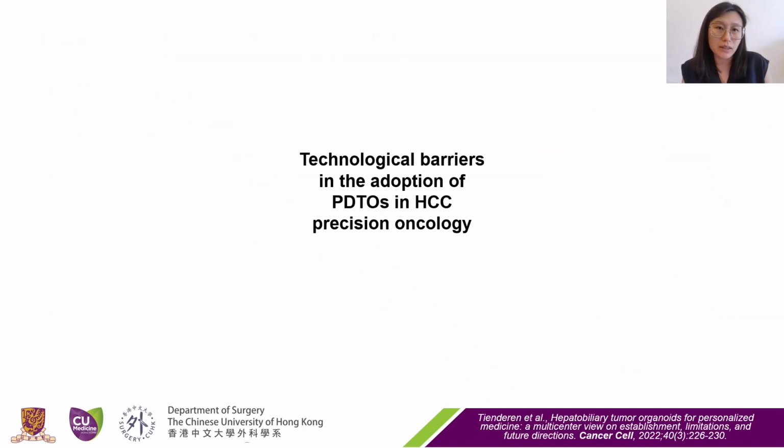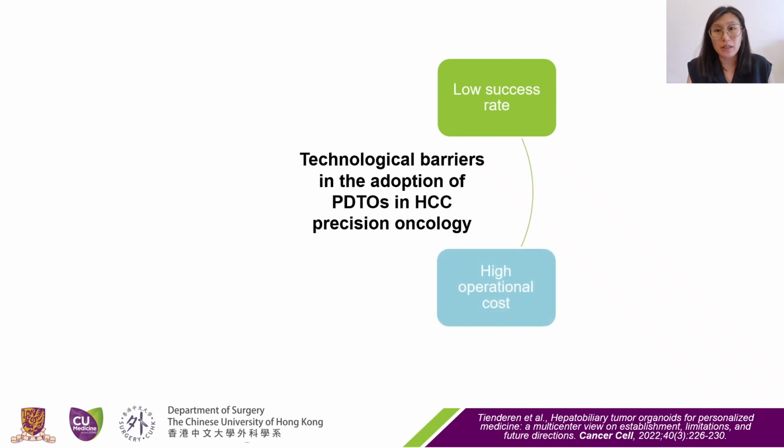Among the technological barriers in the adoption of these patient-derived tumor organoids in precision oncology, particularly for liver cancer, is the low success rate. Compared to other cancer types, it's maybe only about 20%. There's also the high operational cost: not only is it labor intensive, but the cost of growth factors and reagents is quite heavy.